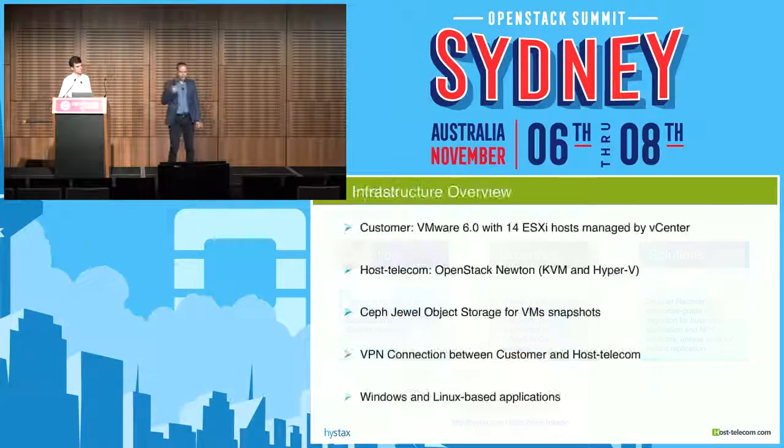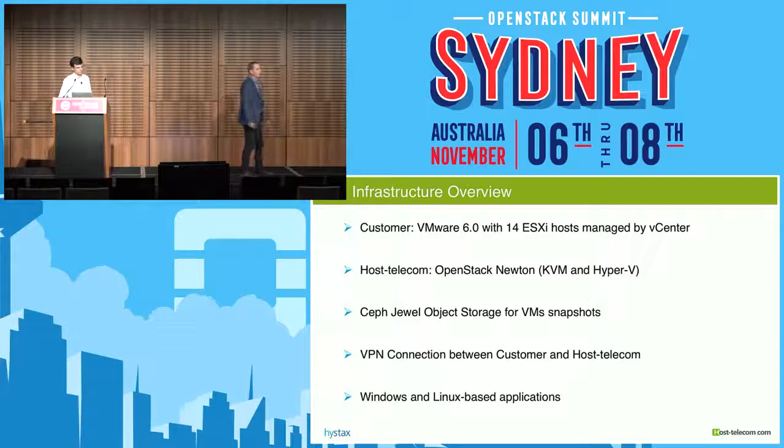Jumping back to the case Seva just mentioned, we had a customer with VMware 6.0 with 14 ESXi hosts and both Linux and Windows workloads. For Linux, it was Ubuntu and Red Hat.